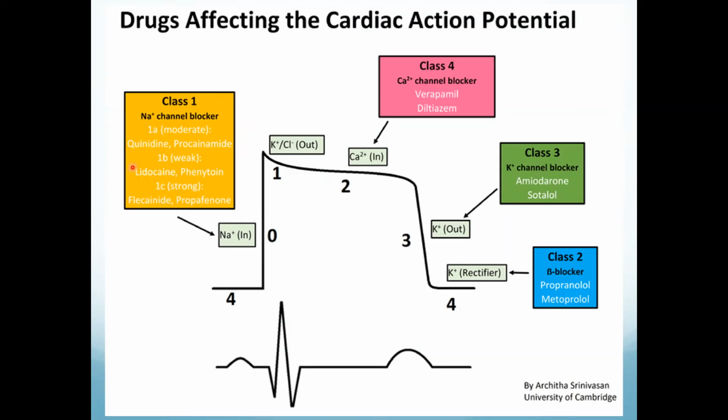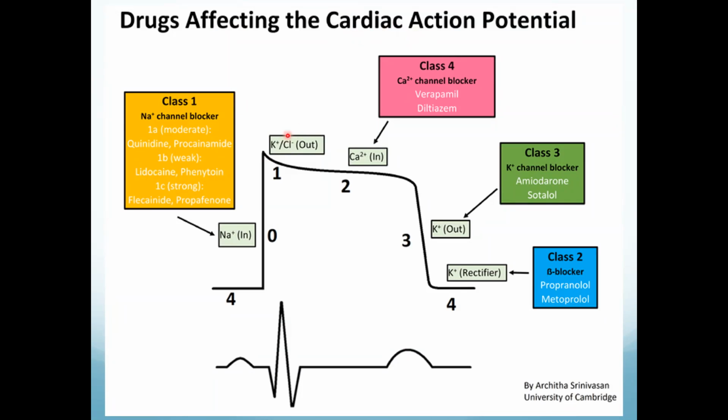Specifically in our small animal patients, we're really going to be considering lidocaine, which is a 1B, or procainamide, which is a 1A. These others, flecainide, propafenone, we really never use in veterinary medicine. Quinidine is typically used in horses. Phenytoin is mainly used in humans and occasionally in horses.